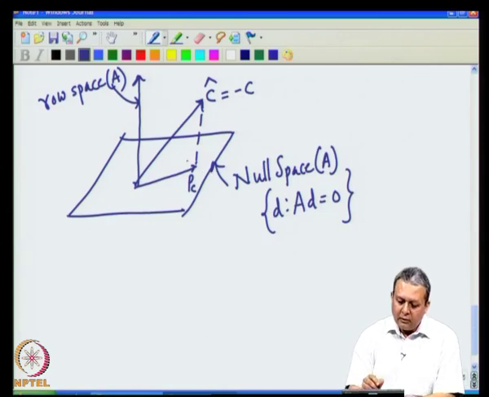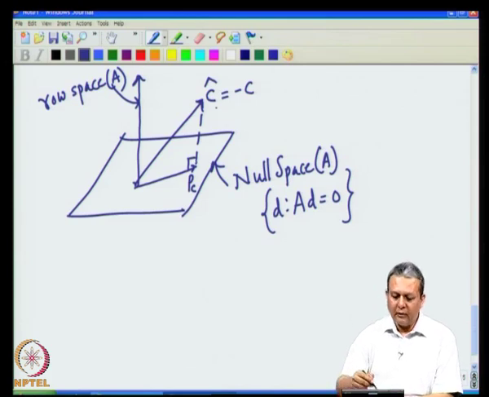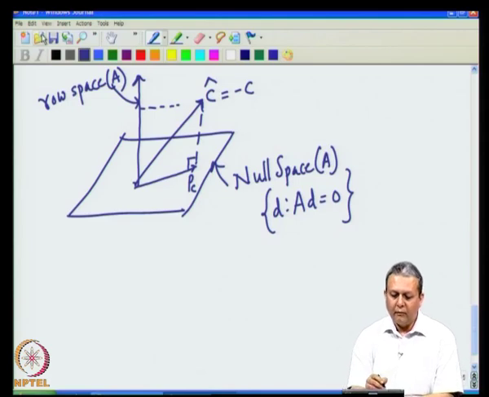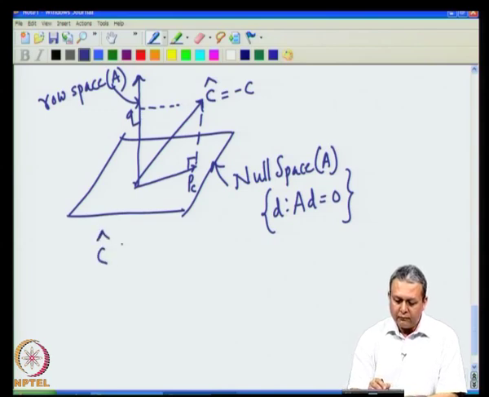One is the orthogonal projection of c hat onto the null space of A, and the other component will be the projection on the row space of A. So, let us call this Q. So, c hat can be written as Pc plus Q.